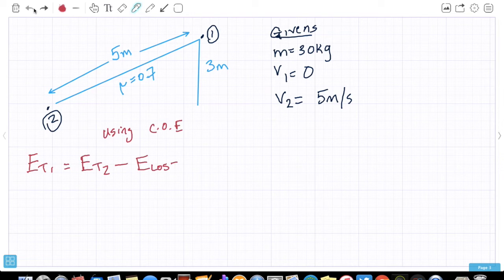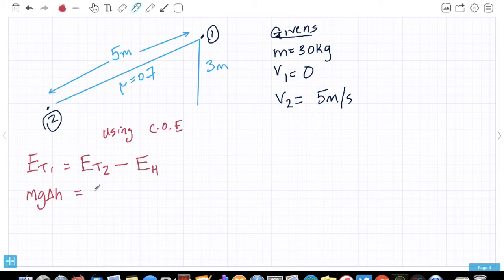And maybe we'll even call it heat loss. We'll call it heat energy here, so EH. Okay, so ET1 is just potential energy. So that's mgΔh. And that's equal to the kinetic energy down here.